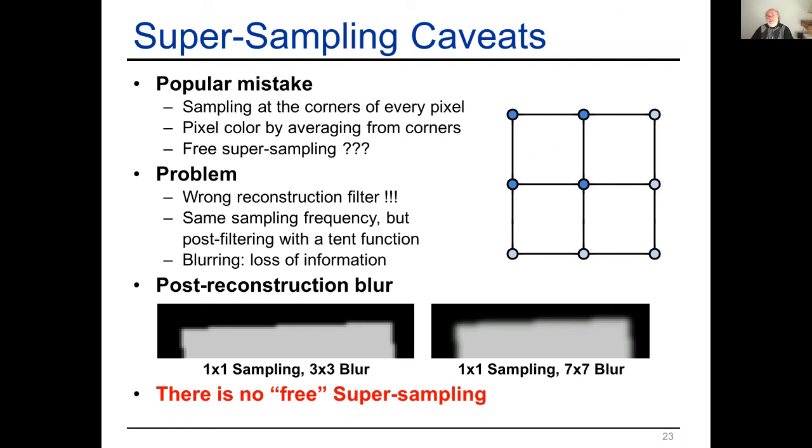Okay. Where's the problem? Well, the problem is if you look at the sampling rate, you haven't changed it. The distance between samples is exactly the same as if you had sampled in the center. You've just offset this by half a pixel in X and Y, and you added 1 sample row and 1 sample column at the edge of your image.